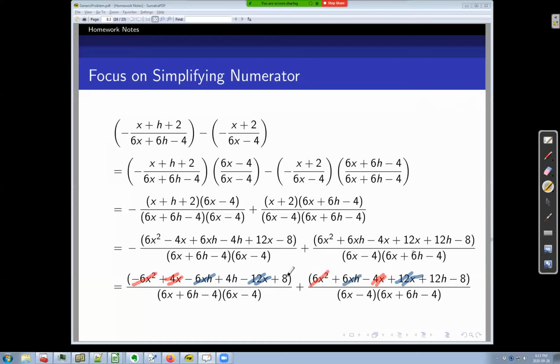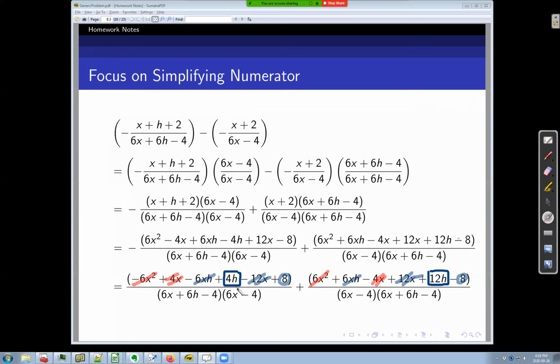Then here's a positive 8, and here's a negative 8. So all that colored stuff goes away. But you see that we do have some stuff that's still left. We do have a positive 4h left, and a positive 12h left.